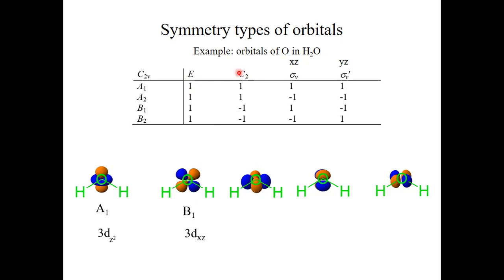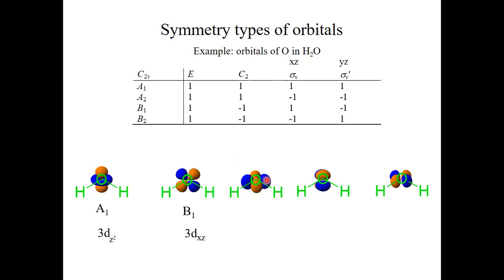When we apply the C2 symmetry operation, you see also nothing changes because it swaps up these two lobes, which have the same algebraic sign, and swaps up these two lobes, which also have the same algebraic sign. Okay, when we apply the sigma XZ, we see, well, it swaps up these two, which have the same algebraic sign, and these two blue lobes here, they remain in their position.